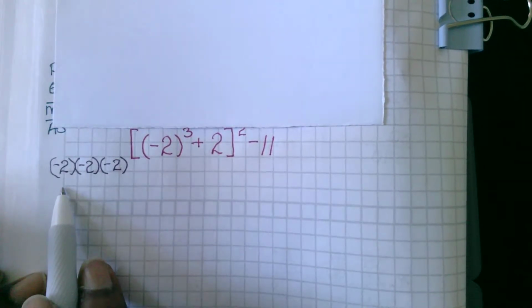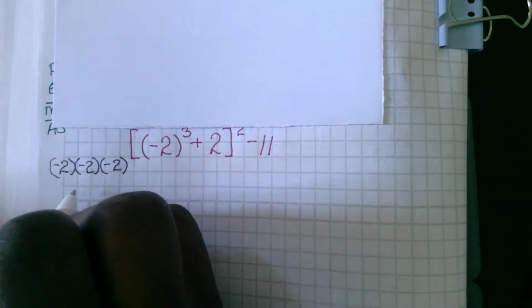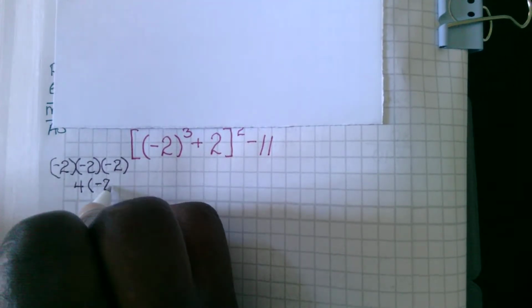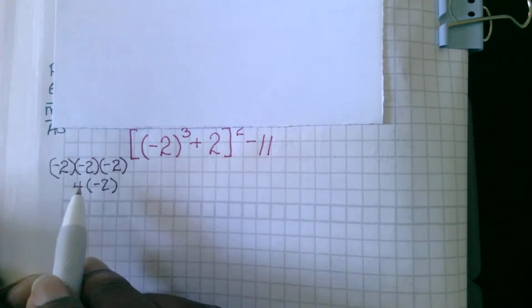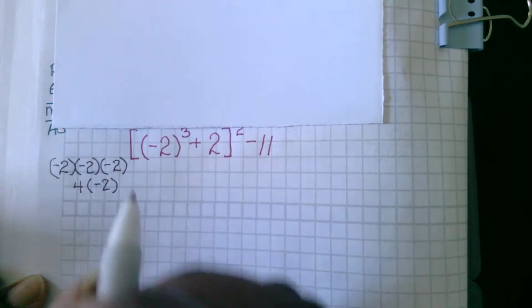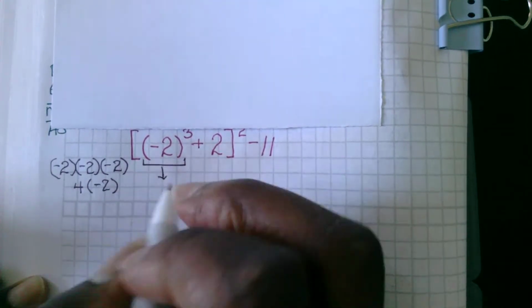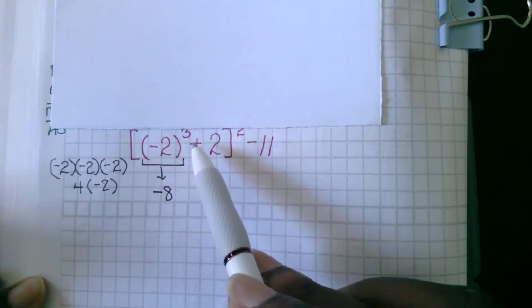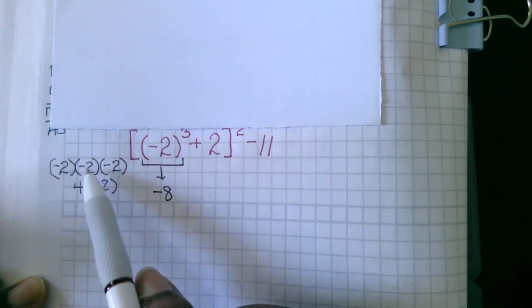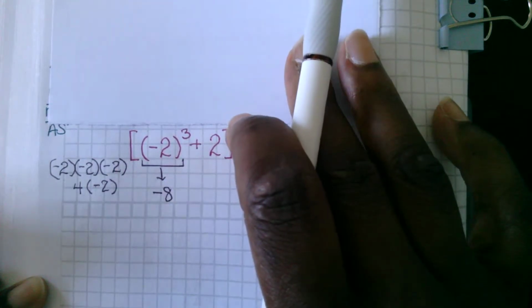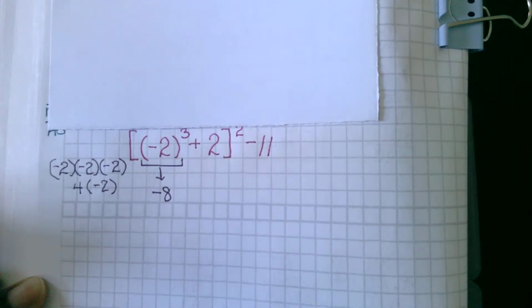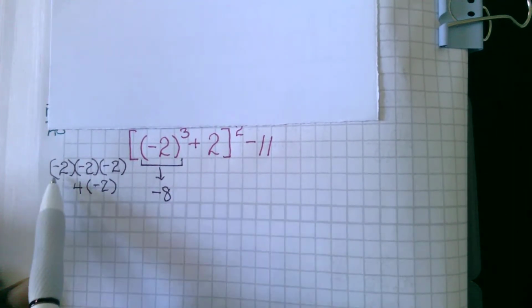So now we have a negative times a negative. That gives me a +4. Bring down the last -2. Then 4 times -2 will give me a -8. So we took care of the cube by basically multiplying the base to itself 3 times. So that's taken care of.